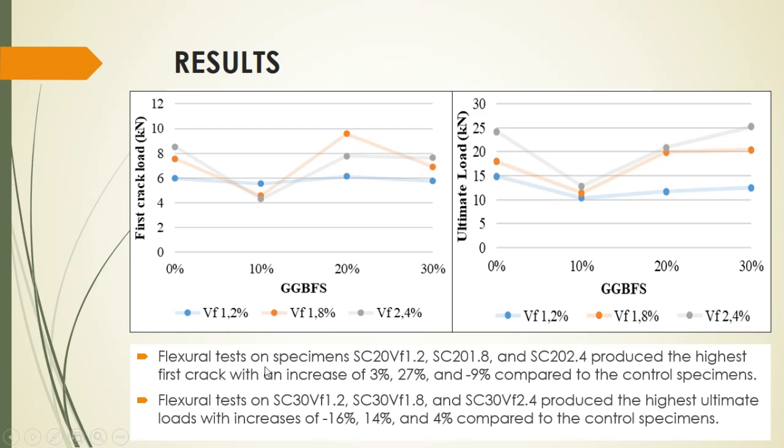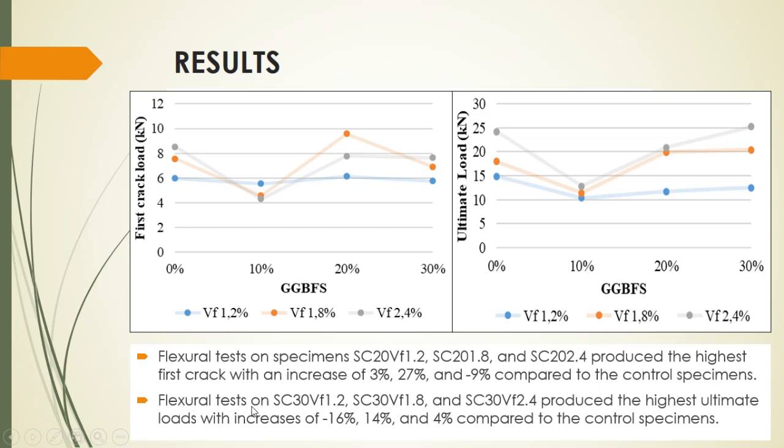Flexural test on specimen SC20 VF 1.2, SC20 VF 1.8 and SC20 VF 2.4 produce the highest first crack with an increase of 3%, 27%, and minus 9% compared to the control specimens.